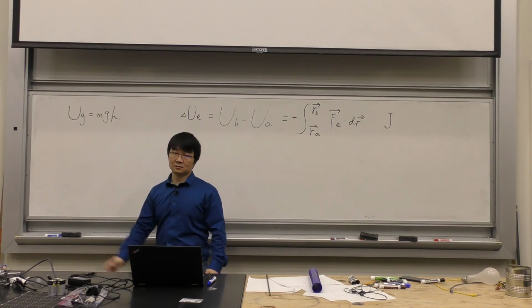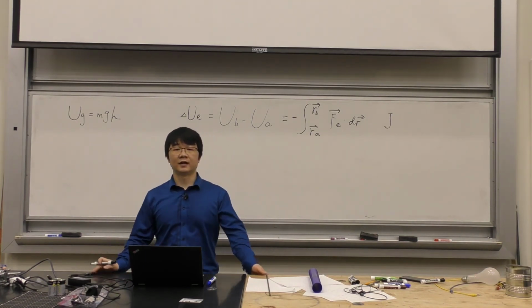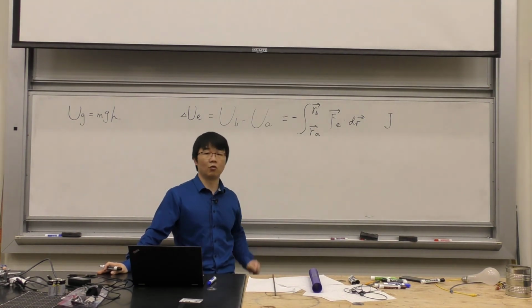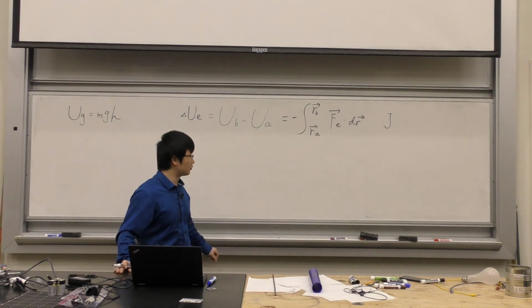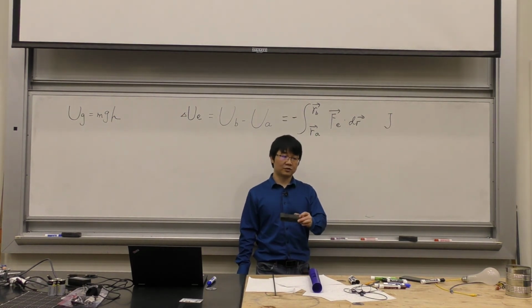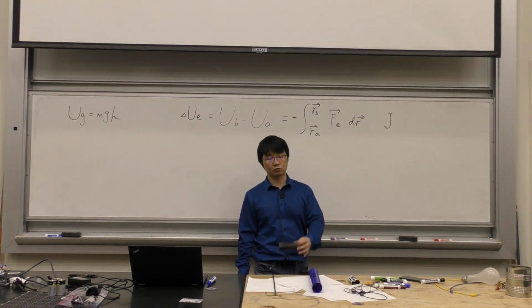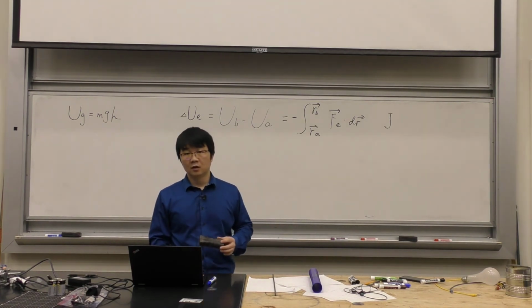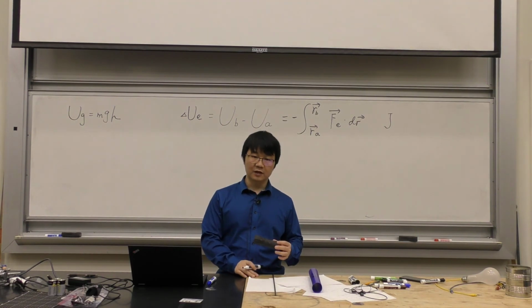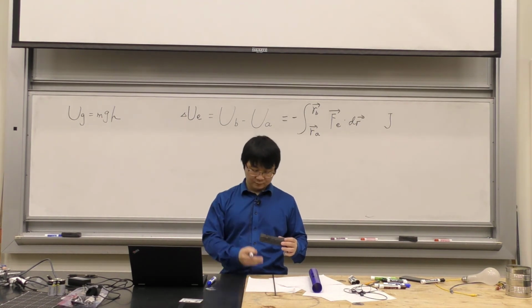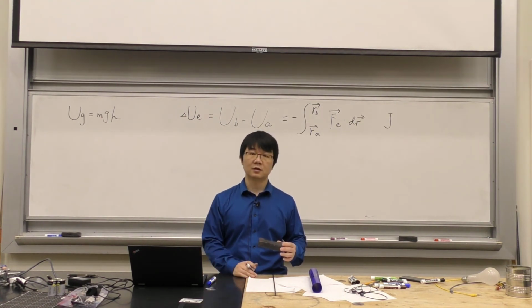What about this height? How do you define height? Well, if I'm in this room, I'm going to define height from the floor. So say I have something here, I would say it has 1 meter from the floor, so that's the height I plug in. There's nothing wrong if I use this table as the zero reference. I would say the height of this relative to the table is 10 centimeters, and that's the number I plug in.